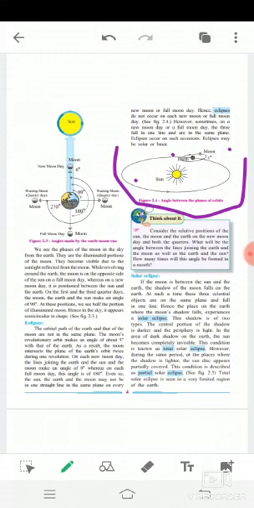In the area of the dark shadow of the moon on the earth, the sun becomes completely invisible. This condition is known as a total solar eclipse. At the place where the shadow of the moon is light, the sun disk appears partially covered. This condition is known as a partial solar eclipse.